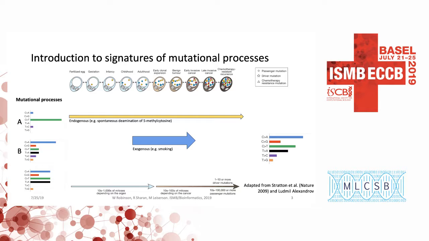And then once this tumor has been detected, it can be treated with a chemotherapeutic drug, many of which cause their own set of mutational processes. And so when we sequence the tumor, we're left with this final cancer genome. And the question is, given this cancer genome, can we reconstruct these three fairly distinctive processes that caused it?